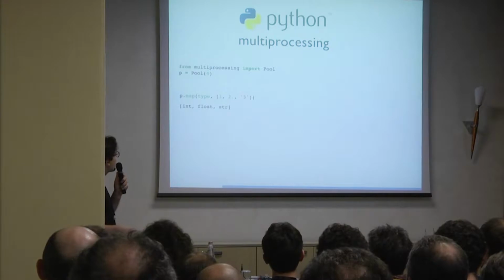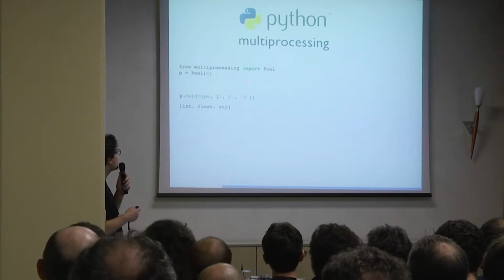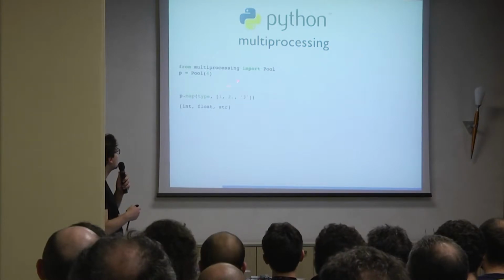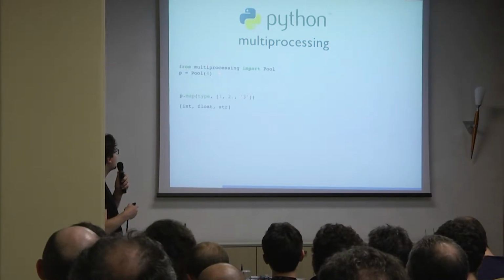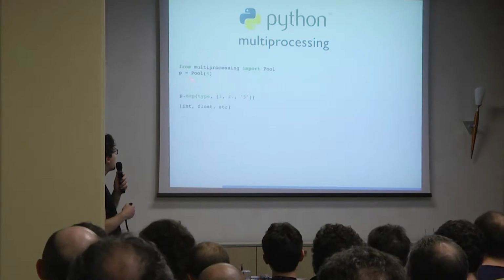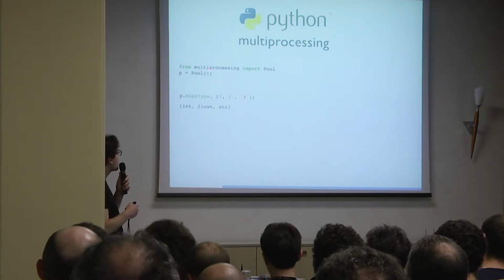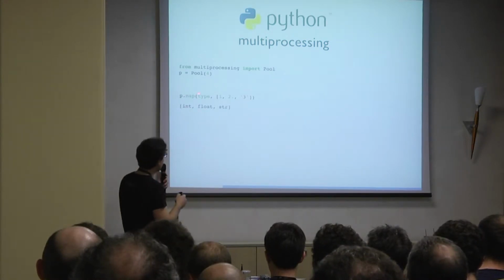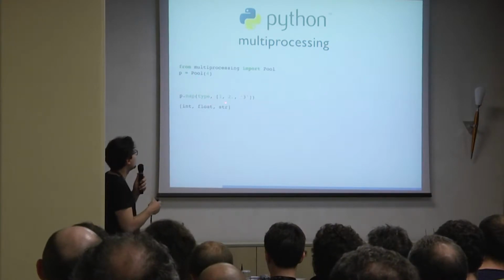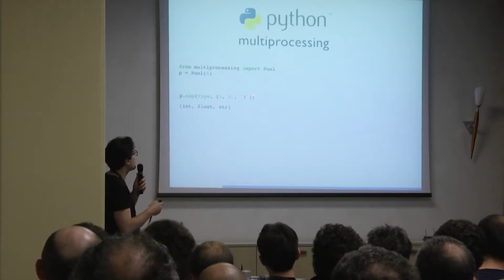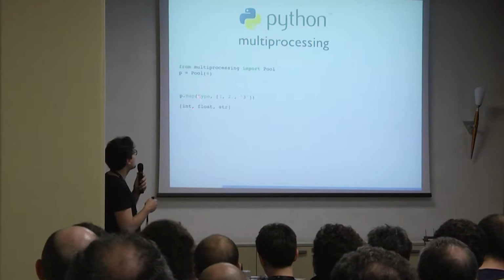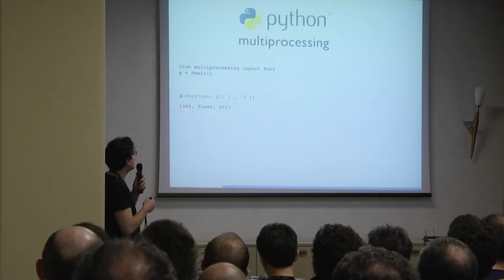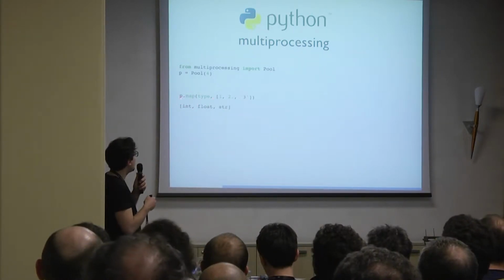Just a few examples. From multiprocessing, we import Pool. Pool is the class we use to set how many processes we want to allocate. We may call map. In this case, we apply the type function to every argument in this iterable, and these are the results.